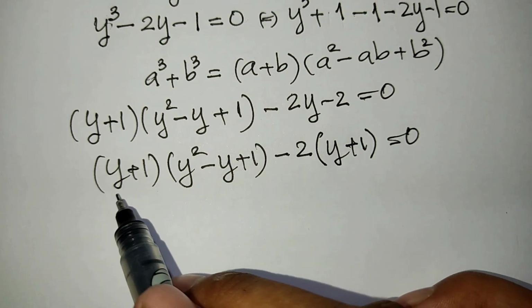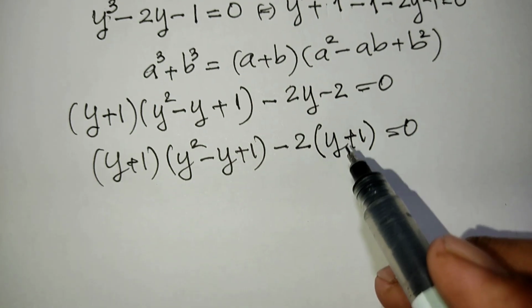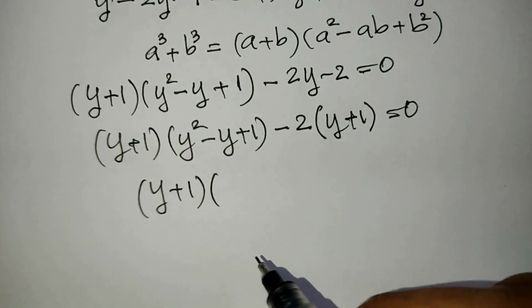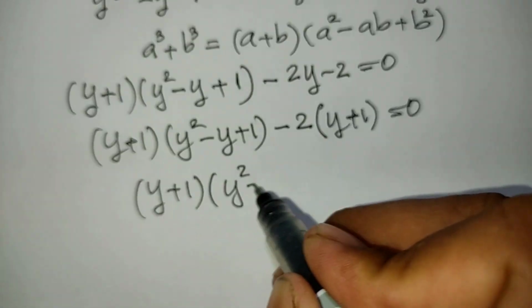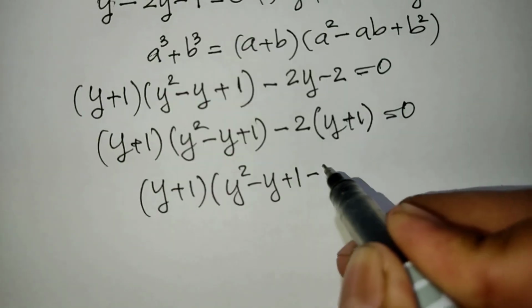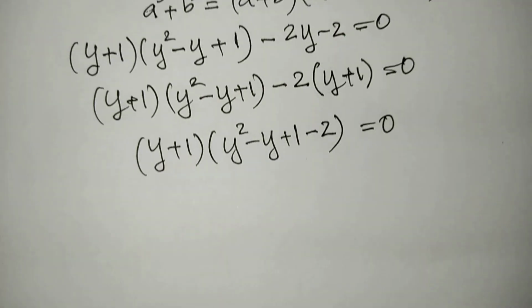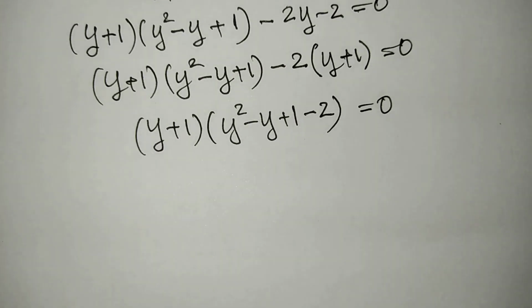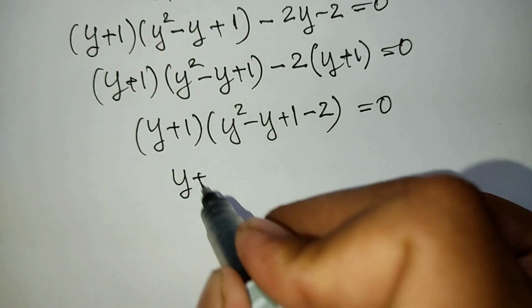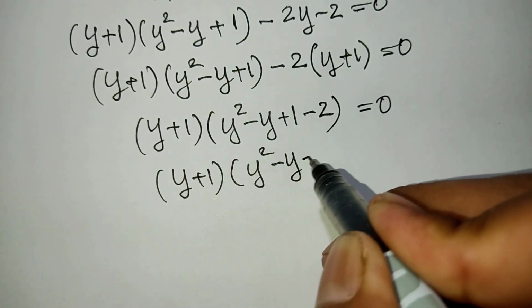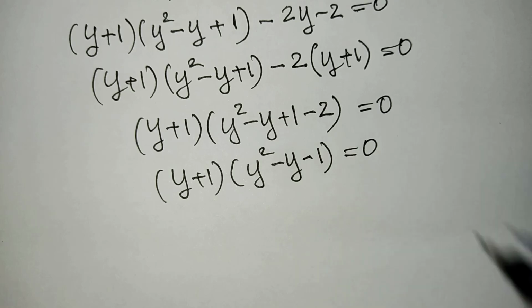You see this, y plus 1 is the same, so we take y plus 1 out as a factor, we get y squared minus y plus 1 and minus 2 equals 0. And then y plus 1 times y squared minus y minus 1 equals 0.